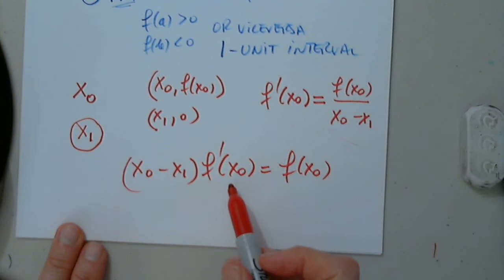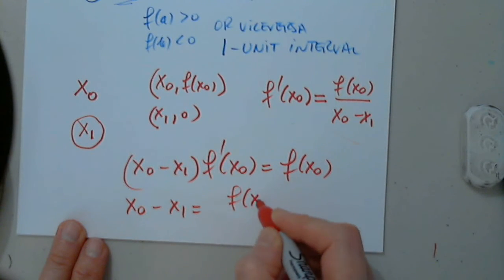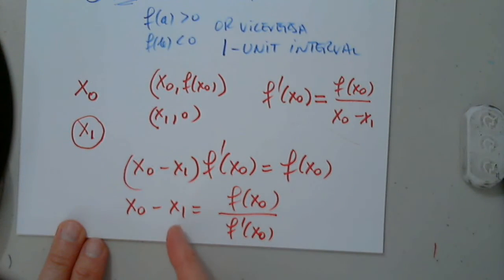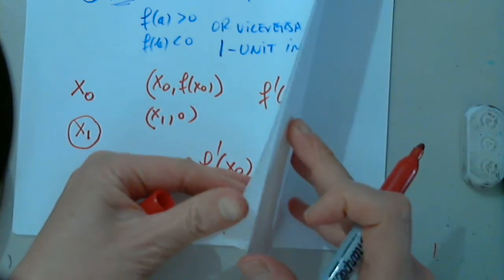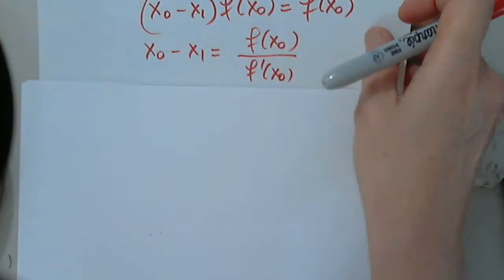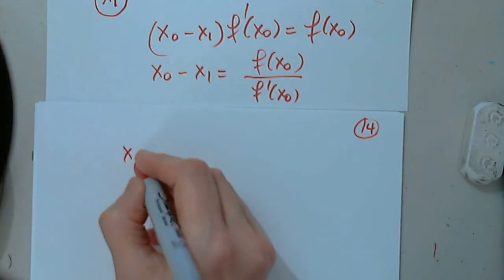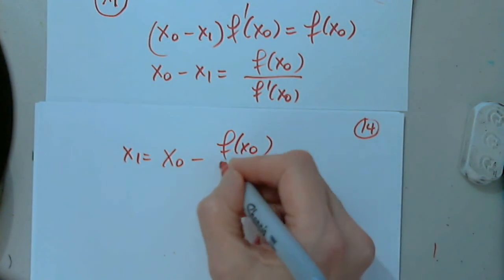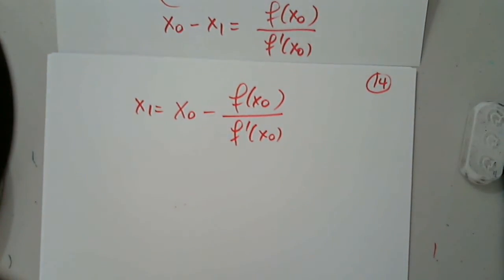I will divide by this. x0 minus x1 equals f of x0 over f prime of x0. And in order to determine this, I will move this here and this here. And this is it. So x1 will be x0 minus f of x0 over f prime of x0. This is the first iteration.